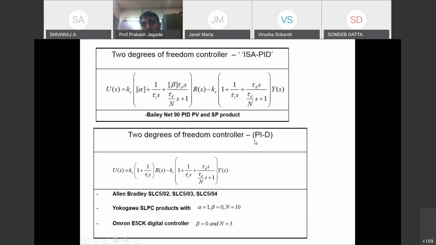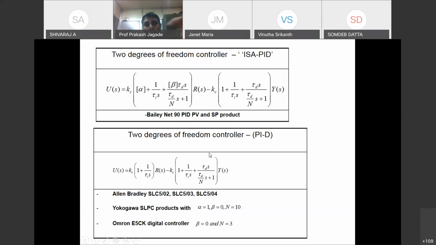If all 3 actions, proportional, integral, and derivative, are based on error, then whenever an abrupt change in set point is made, you will get an abrupt variation in the controller output, you will get spikes in the controller output, which will affect the life of the final control element. So in order to prevent derivative kick, derivative action should not be based on error, it should be based on measurement. Thereby you will be able to enhance the life of the final control element. You will be able to protect the final control element.